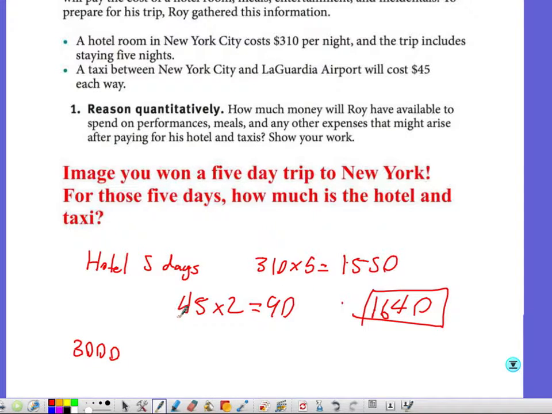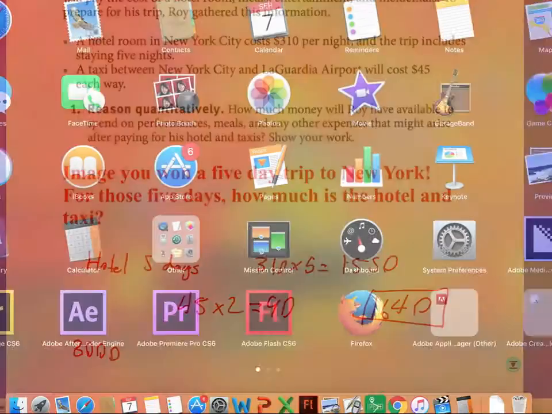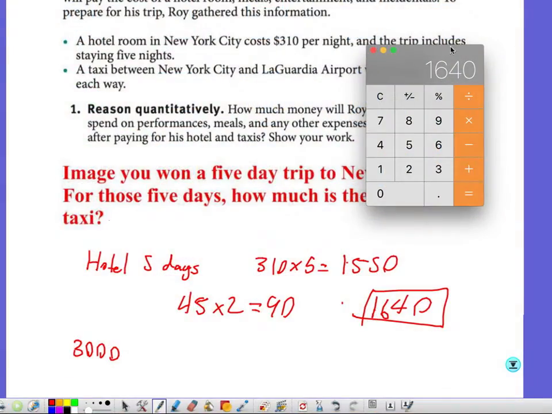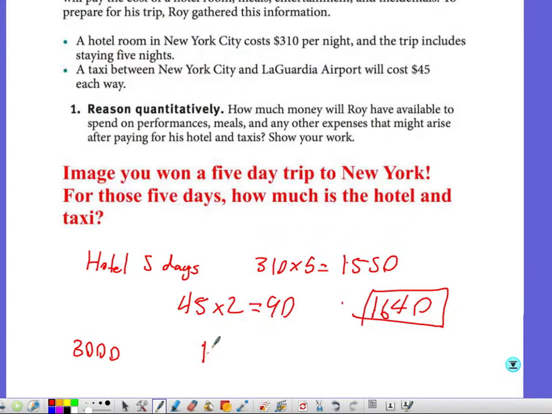So out of those $3,000, after you pay for hotel and taxi, how much will you have left? Let's calculate that. 3,000 minus 1,640, and that leaves you with $1,360 left in your pocket. So once you're in New York City, you have $1,360 to spend on whatever you want.